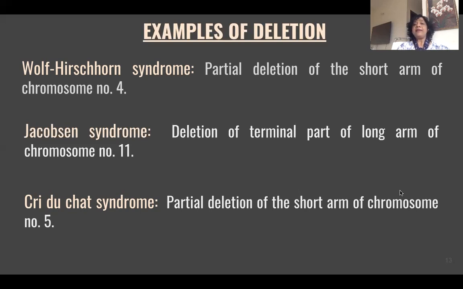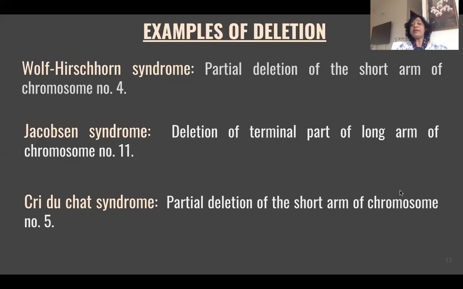In human beings, deletion has been observed, and there are many symptoms seen in humans, which are manifested as syndromes. There are some examples which I'd like to take in my next lecture, and today I will just mention them. The examples of deletion are Wolff-Hirschhorn syndrome, Jacobson syndrome, and Cri-du-Chat syndrome.